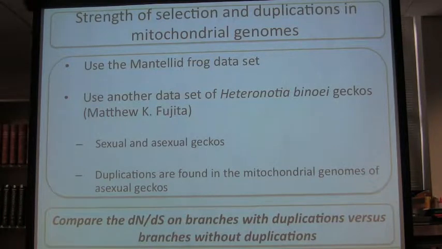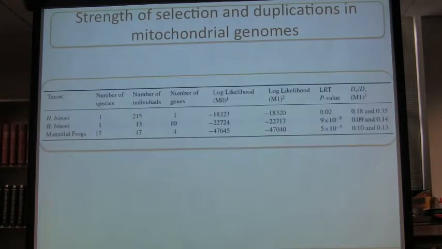And so we can cluster the branches in those two clusters, branches with duplications and branches without duplications. So we did this test using 3 different data sets. 2 data sets for the geckos, one with a lot of individuals, but only 1 gene, and another with fewer individuals, but more genes. So 13 individuals and 10 genes for the second data set. And then we used the same data set of mantellid frogs as before.